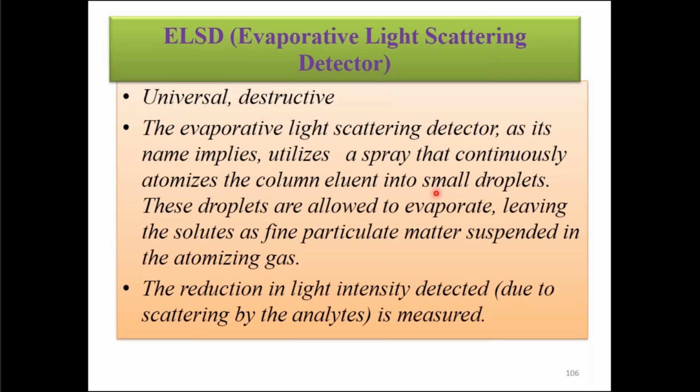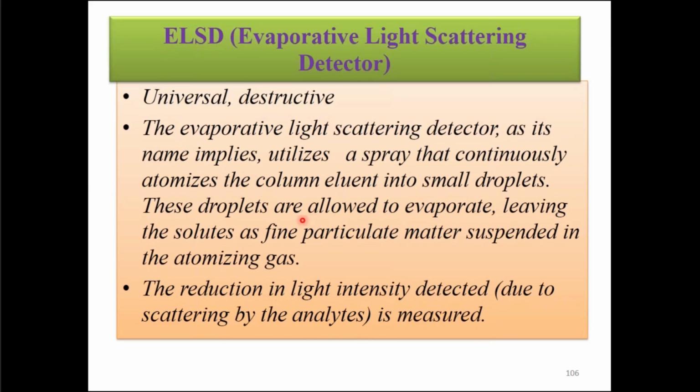So whatever is coming out, the eluate from the column, will be atomized by a spray into small droplets. These droplets are allowed to evaporate, so the solvent will evaporate, leaving the solutes as fine particulate matter suspended in the atomizing gas. The reduction in light intensity due to scattering by the analyte is detected.